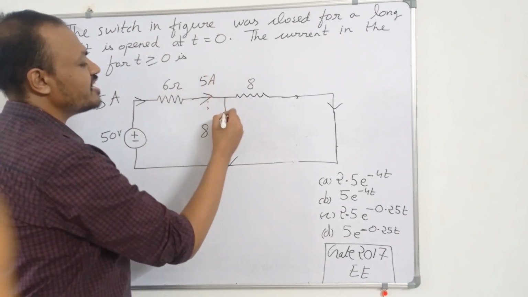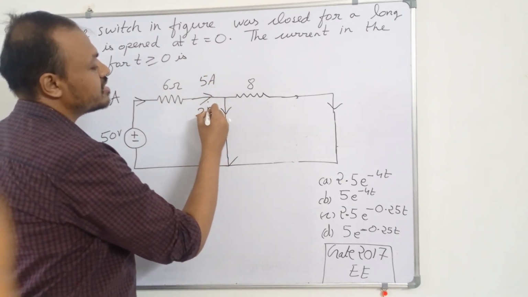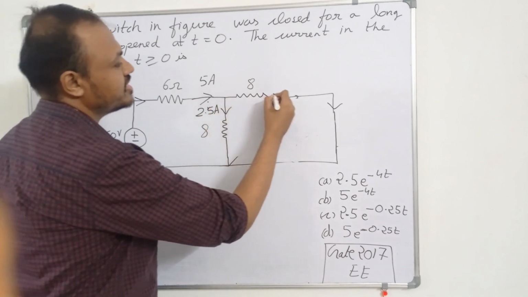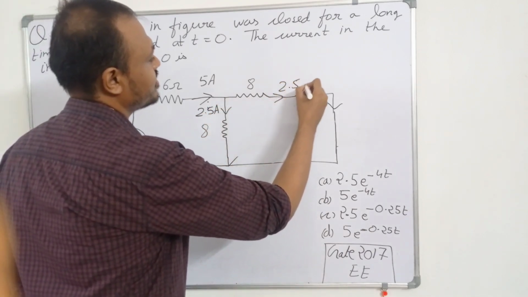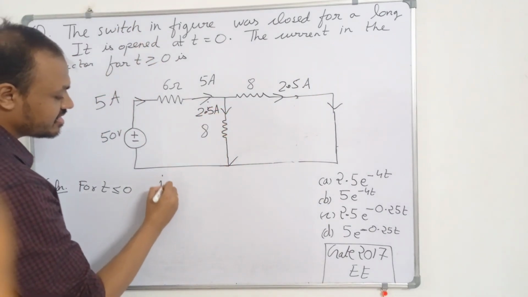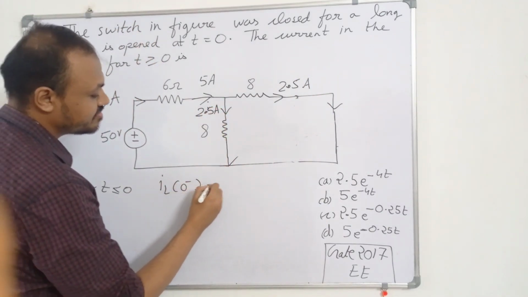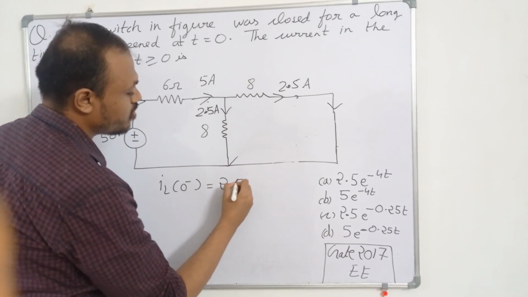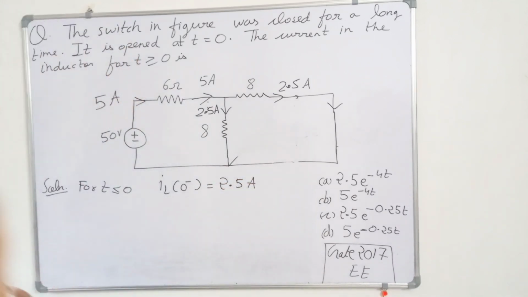So it will get equally divided in these two resistances, so this current will be 2.5 ampere. So IL at 0 minus is equal to 2.5 ampere. The inductor current at t equal to 0 minus is 2.5 ampere.